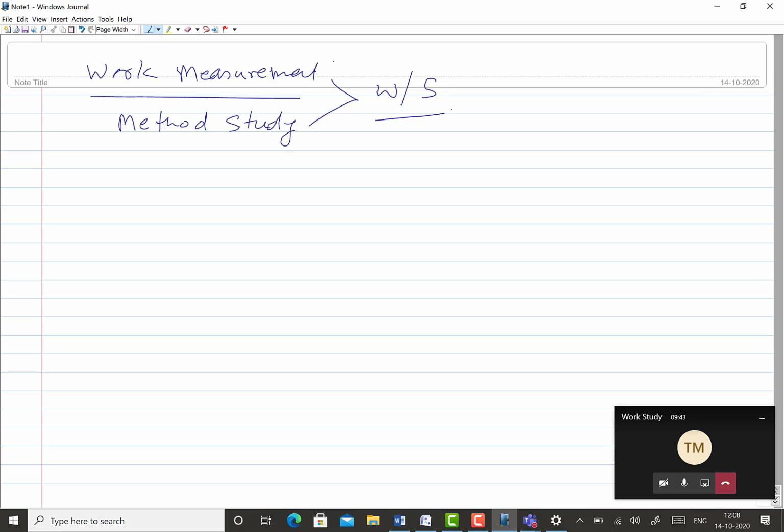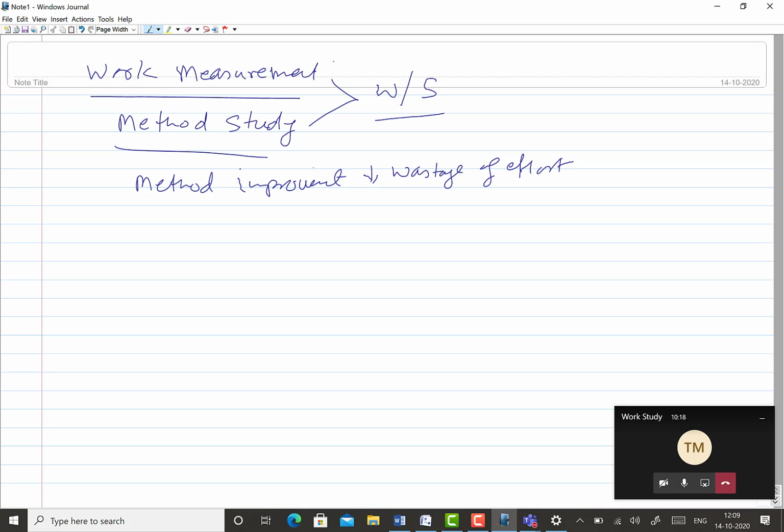Okay, so in work study, what you have seen, we talked primarily about the method improvement related things. Improvements were primarily brought by reducing the wastage of the efforts which are taking place here and there, in form of unnecessary extra movements or unnecessary delays or storages, unnecessary inspections.